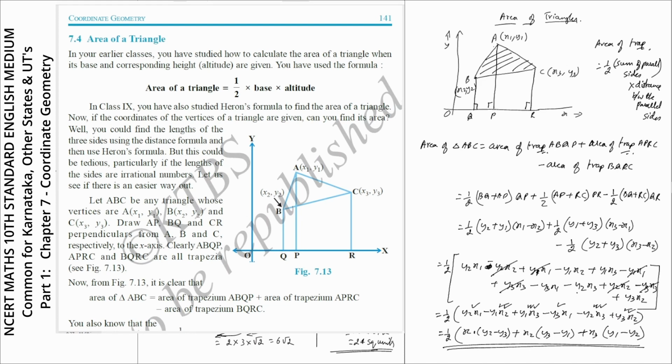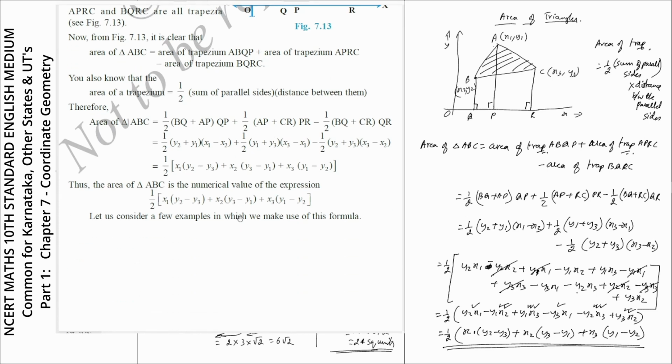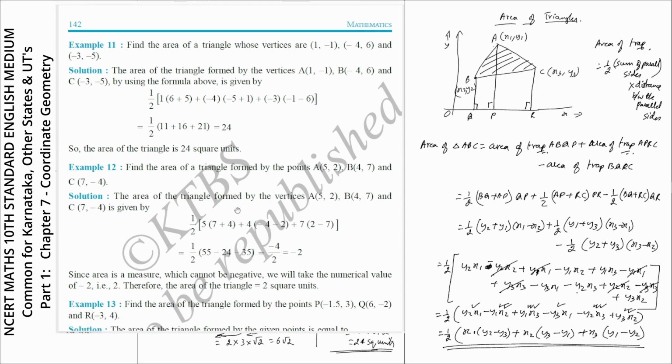So go through the text. I have given the same explanation as given in the textbook, and in the textbook there are some worked examples. See here in this question, we should find the area of the triangle formed between these 3 points, that is (1, minus 1), (minus 4, 6) and (minus 3, 5).